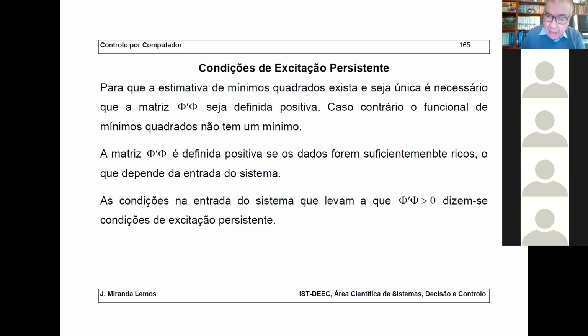One thing which is very bad is to use a constant, a step. Why is a step a bad choice for exciting the system? You apply a step. A step is 0, 0, 0 up to the initial instant, and then 1, 1, 1, 1, 1, 1. Why is the step not a good choice?